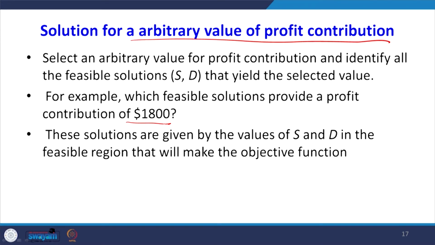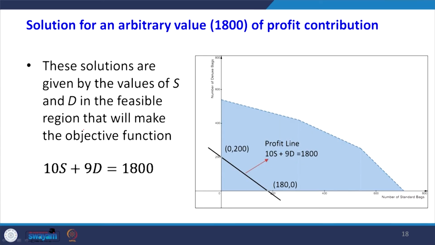Suppose I want my profit contribution to be $1,800, what should be the values of S and D? These solutions are given by the values of S and D in the feasible region that will make the objective function equal to $1,800.